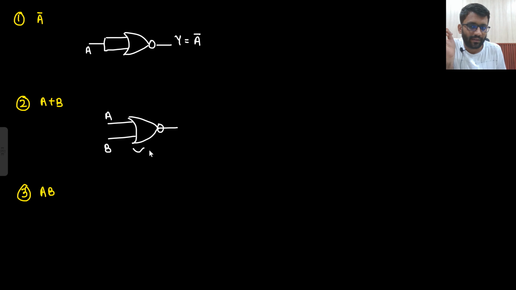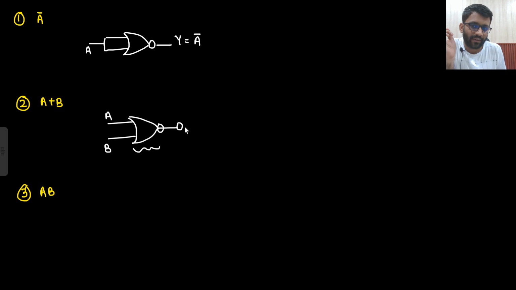How will I make A plus B? A plus B I need to make. So simple, to make A plus B, this is my A plus B. But another inverter I have to use to make it a NOR gate.